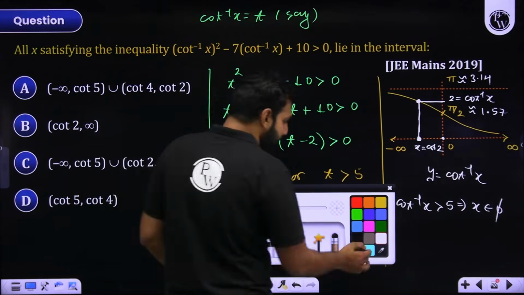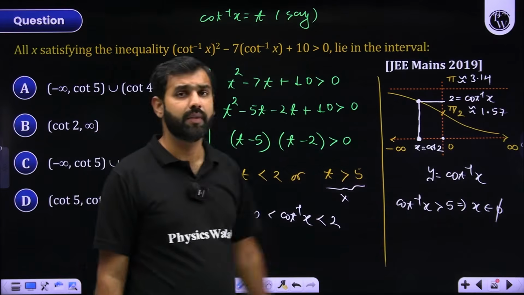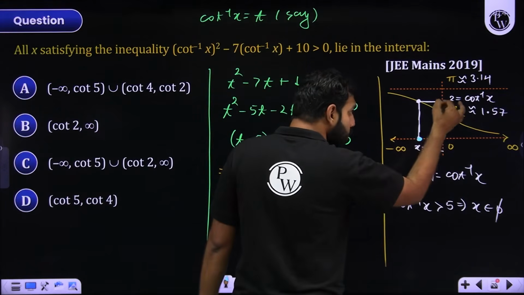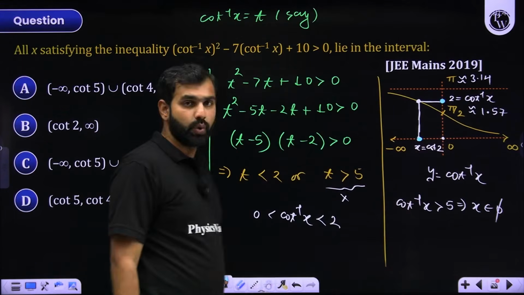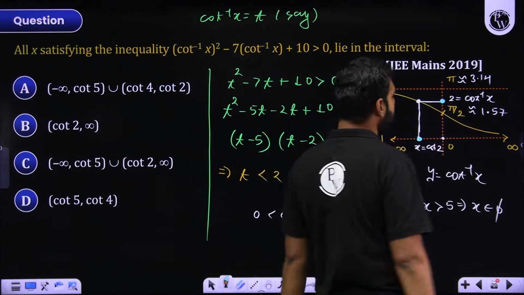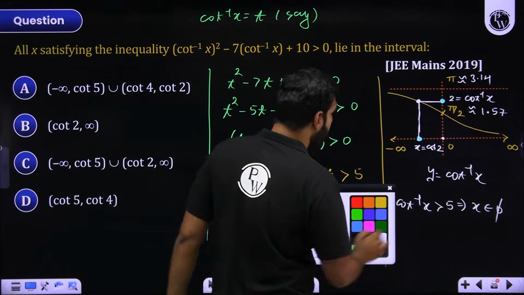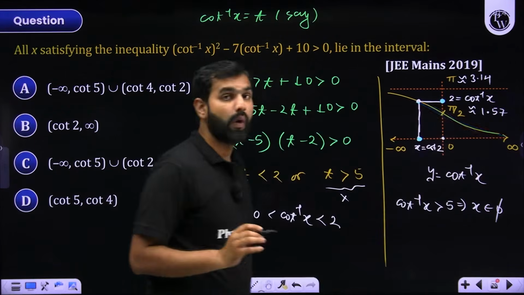Now, if I simply reach certain conclusions, I'll say this is a decreasing function. Decreasing function means that 2 I'll be attaining at cot 2 and 0 I'll be attaining at infinity. So I hope you're realizing this is the portion of the graph which we are interested in. Why am I saying so?